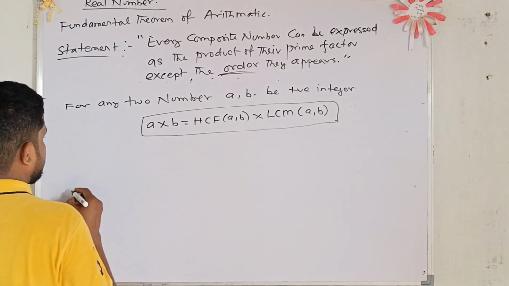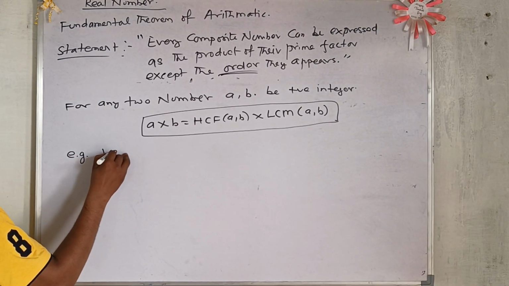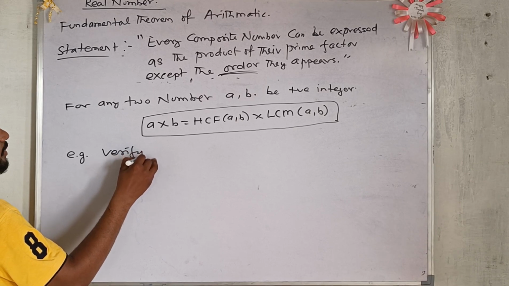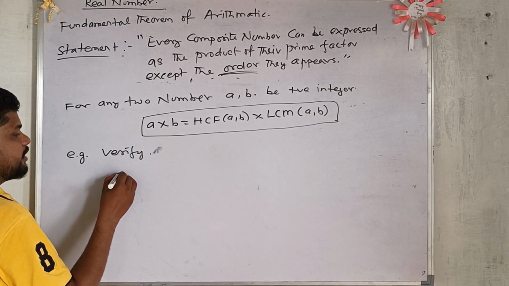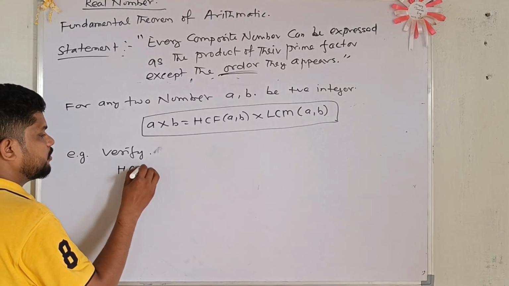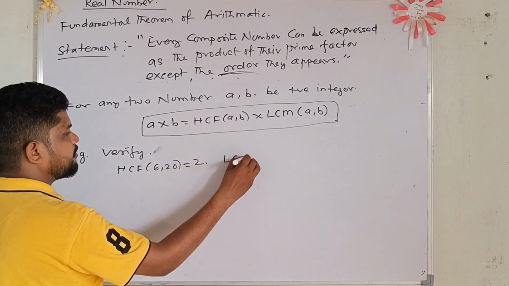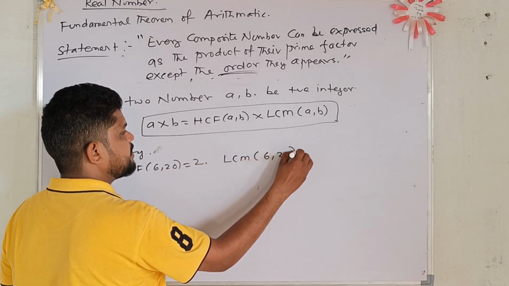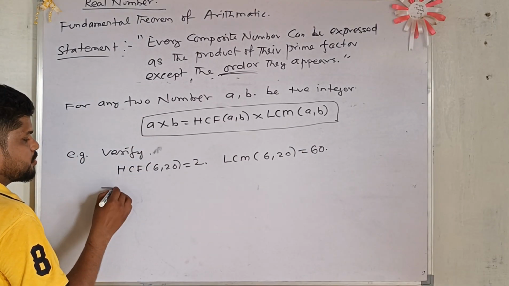Let us see an example and verify this. We found that the HCF of 6 and 20 is 2 and the LCM of 6 and 20 is 60. Let's verify the formula.